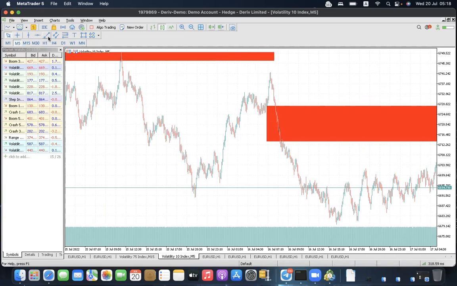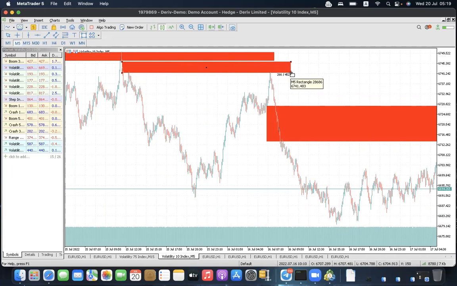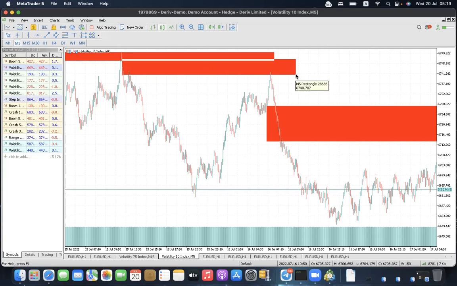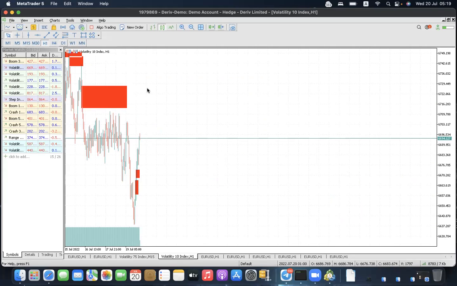And I can see there was an imbalance in M5 somewhere here. After this peak formation, we can see that there was an imbalance here. And price came to tap in that area and then it fell. Right. So let me go back to H1.